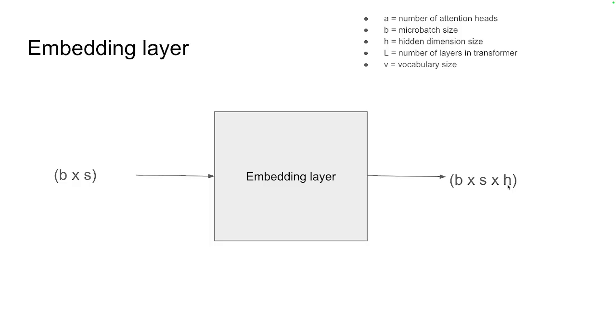And so when you do dropout or layer norm, you are basically operating on the hidden dimension. In dropout, you will drop out some of the elements in the hidden dimension, which will make your training more robust. And in layer norm, you will take the mean and variance across this dimension.